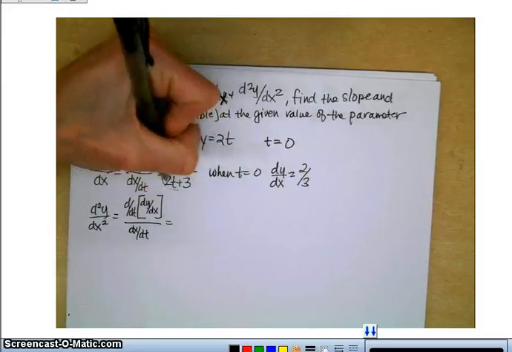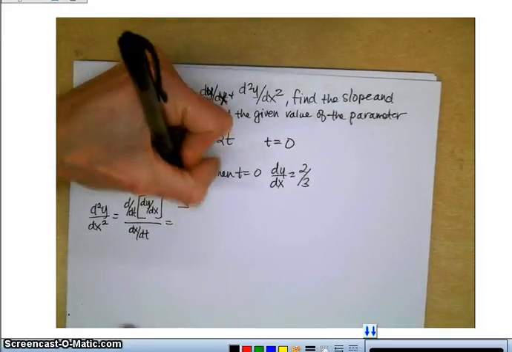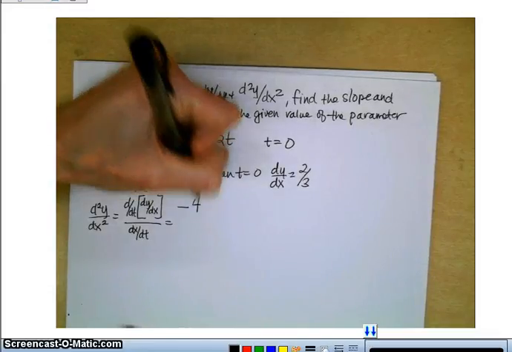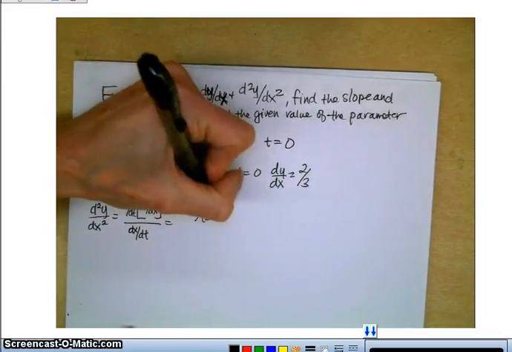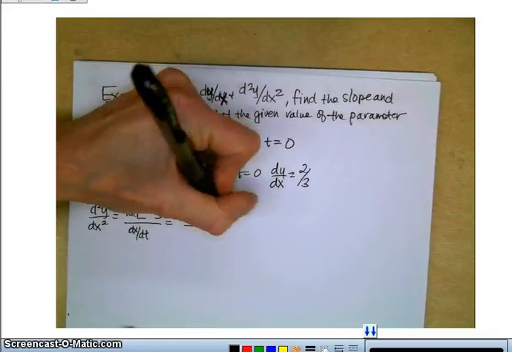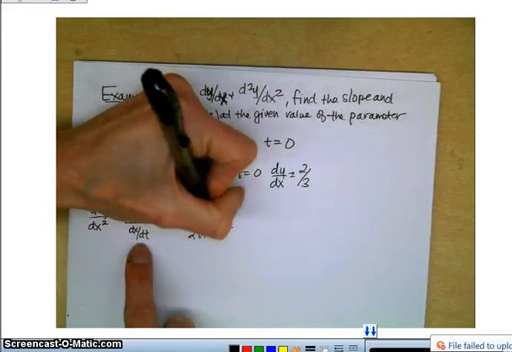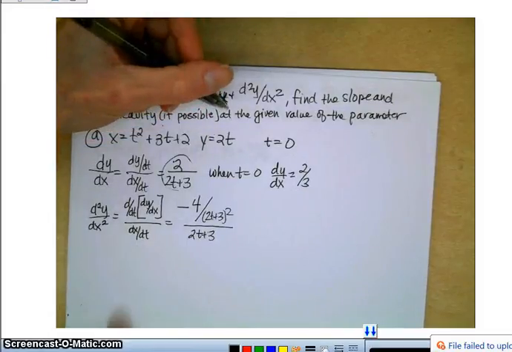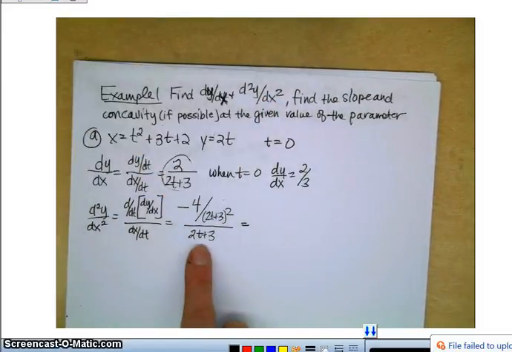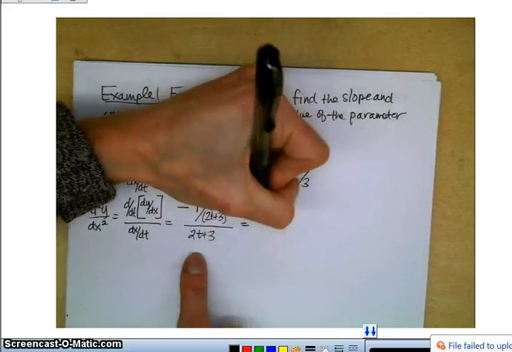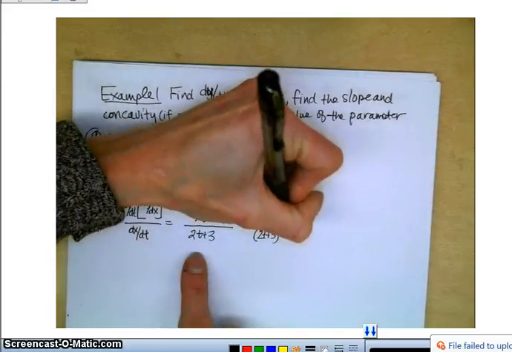The bottom times the derivative of the top gives me 0, minus the top times the derivative of the bottom gives me -4, over the bottom squared. On the bottom, I have dx over dt, which is just 2t plus 3. Simplifying, I just multiply by the reciprocal, which gives me -4 over 2t plus 3 cubed.